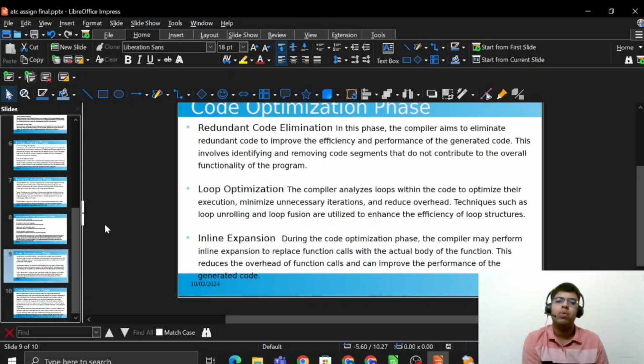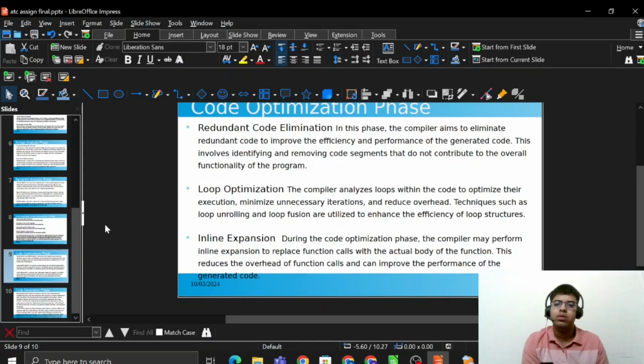Next one is the code optimization phase. Here, for redundant code elimination, this phase eliminates redundant code to improve the efficiency and performance of the generated code. It involves identifying and removing code segments which do not contribute to the overall functionality of the program.